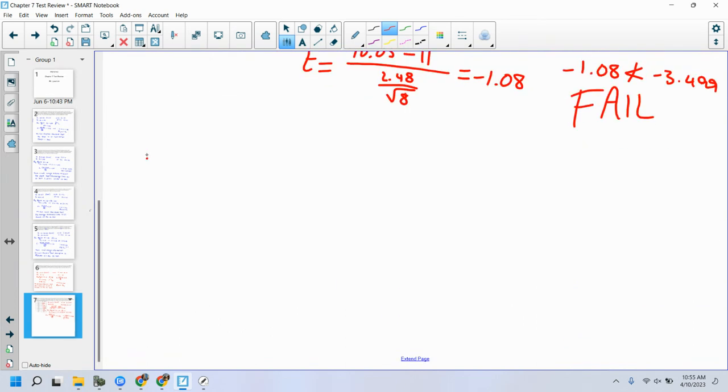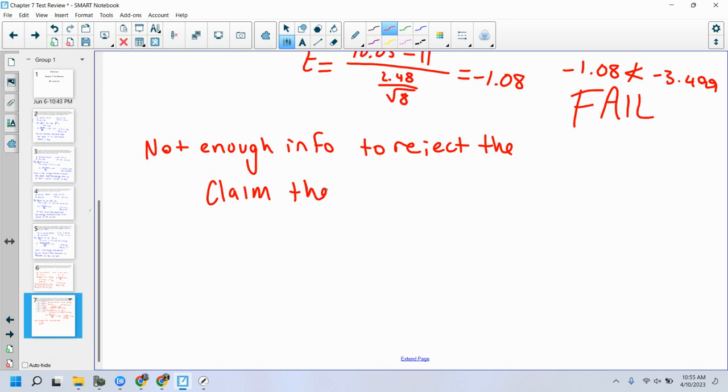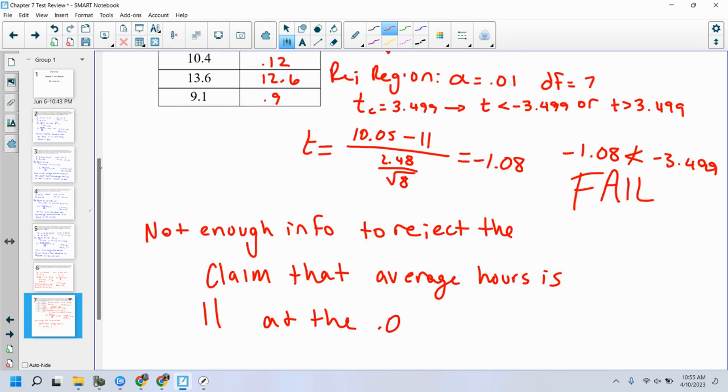So not enough info to reject the claim that the average hours is 11 at the 0.01 level.